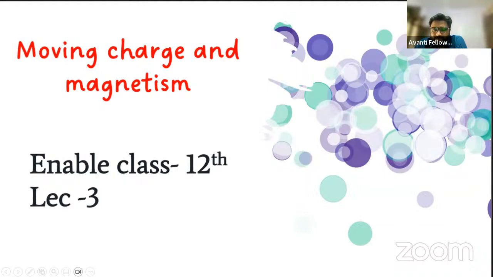We have already found how to determine the direction of the magnetic field due to a current carrying conductor. And of course, we also talked about the similarities and differences of the Biot-Savart law with Coulomb's law, because both laws are related to a field created by one of the properties of matter.